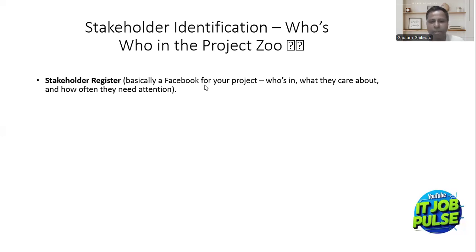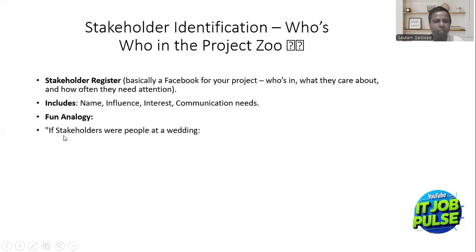Basically a Facebook for your project: who's in, what they're about, and how often they need attention. So it will have details like name, influence, interest, and their communication needs.